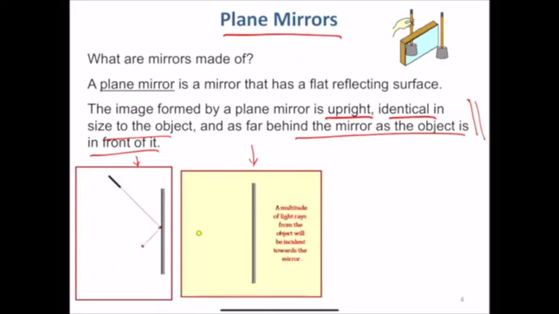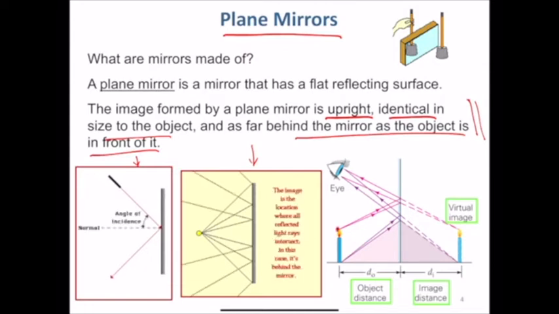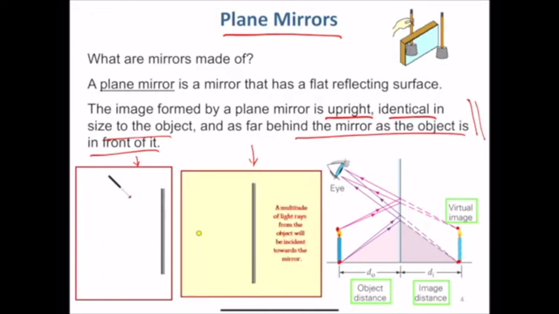And this figure is just a nicer version of what I drew. You can see the image of the tip of the object being formed over here, and there is another one here as well, same exact thing, the image of the bottom of the object being formed over here. So this just shows you how a plane mirror forms an image.